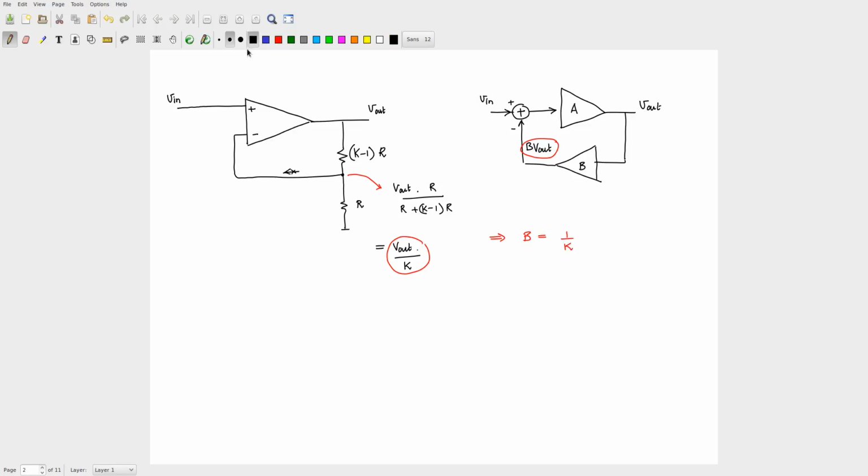Okay. Now typically, if I were to take this block itself, what is my V out by V in? We have done this many times. It is 1 by B into AB by 1 plus AB, correct? And we had defined some quantities over here. What were those quantities?